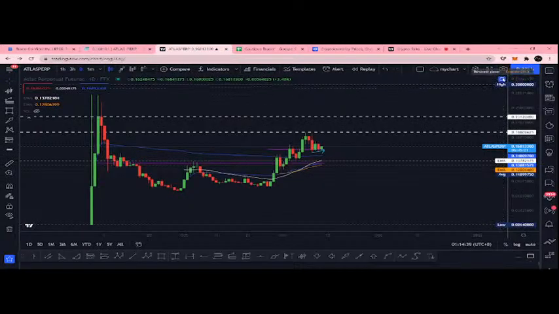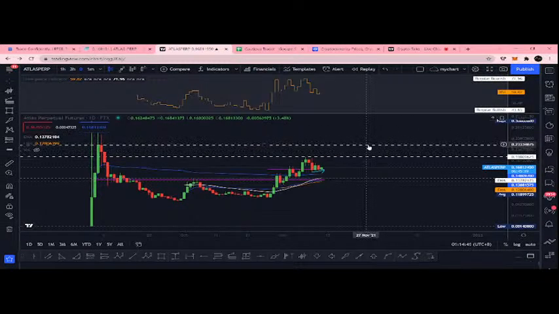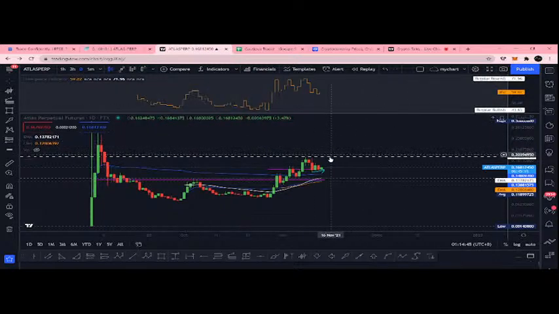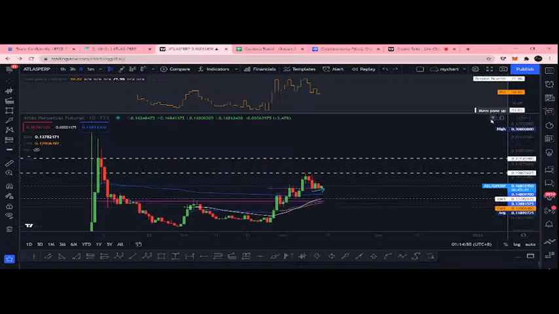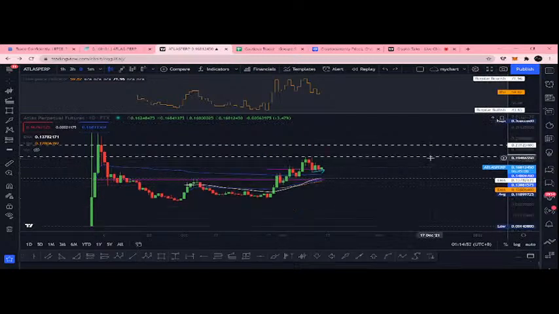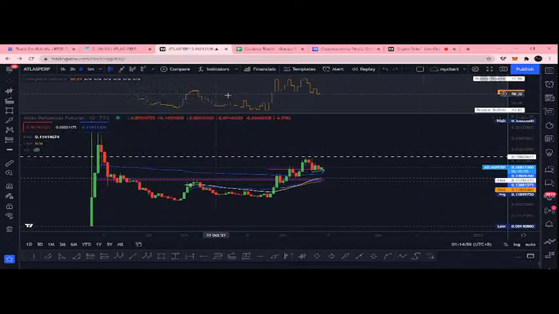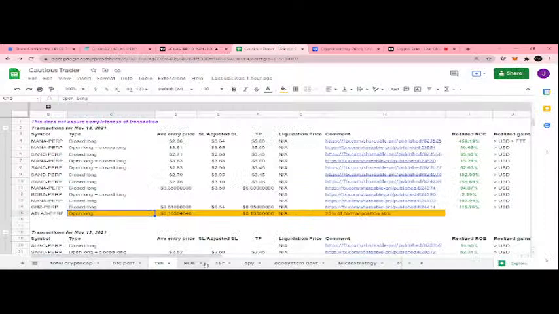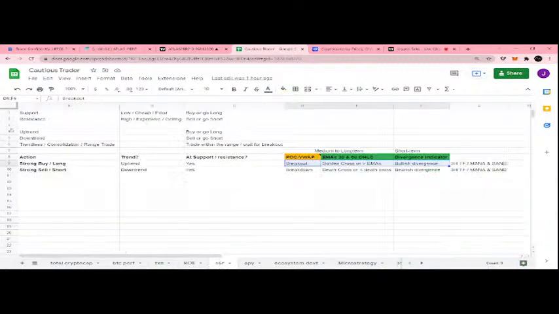Yeah, my reason for getting on that position is, let me refer you again to here. I'm saying that it will be a strong buy if it's in confluence with all the indicators that I'm currently using.